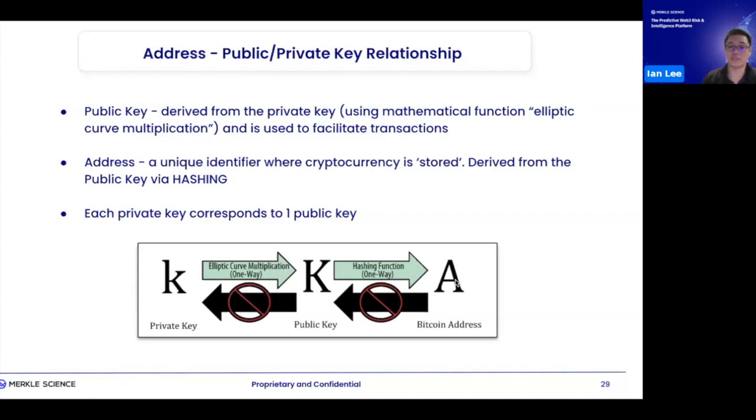So if you wanted to receive payment in crypto, you would share your Bitcoin address with an individual, and that individual would be able to transact funds to your Bitcoin address. It's very much like a bank account number. If you wanted to receive money, you would send your bank account number, and they would be able to send you funds accordingly.